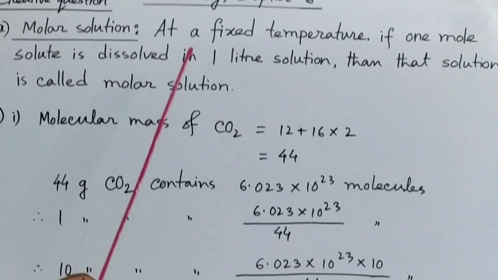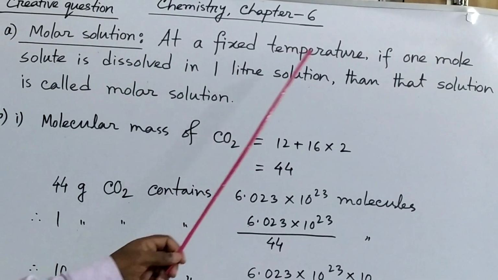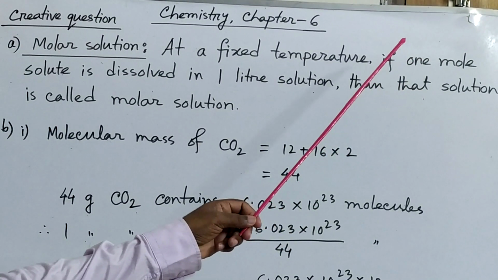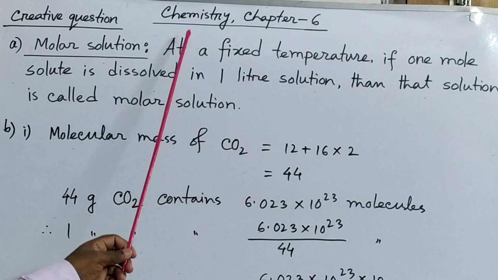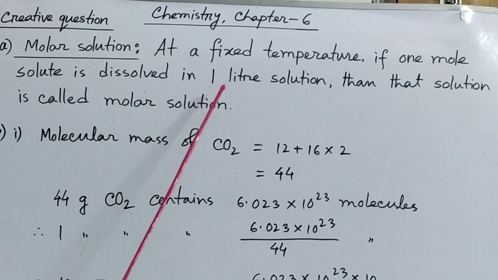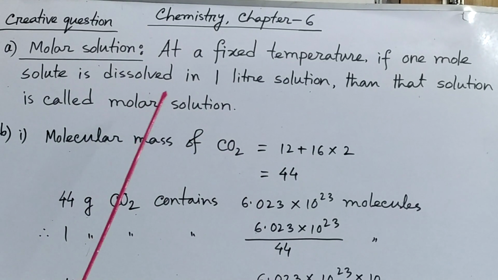Second one was semi-molar solution. So semi-molar will be, instead of 1 mole, 0.5 mole. So at a fixed temperature, if 0.5 mole solute is dissolved in 1 liter solution, then that solution is called semi-molar solution.